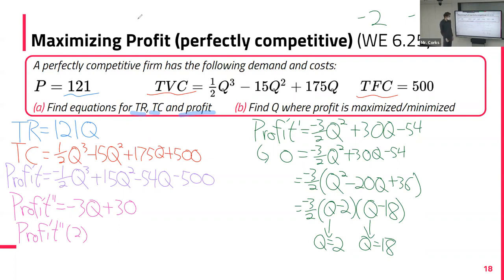That's going to be a positive number. So when q is equal to 2, the second derivative is positive. And when q is equal to 18, our second derivative will be less than 0, negative. It'll be -24. So for each of these then, which one is our minimum? Which one is our maximum?